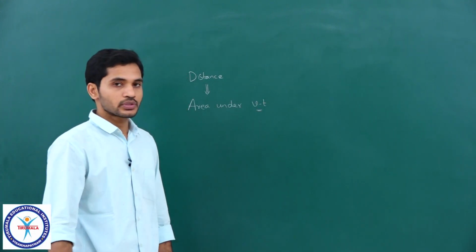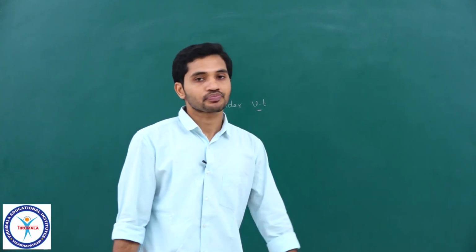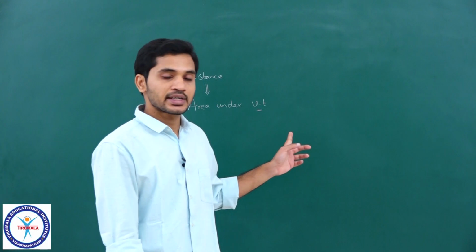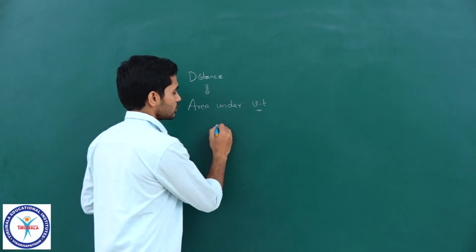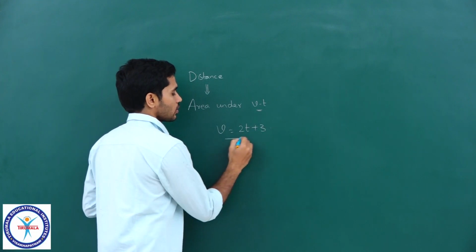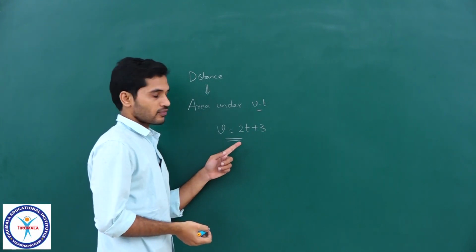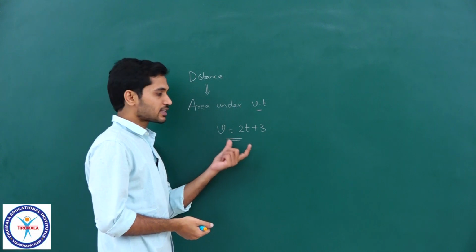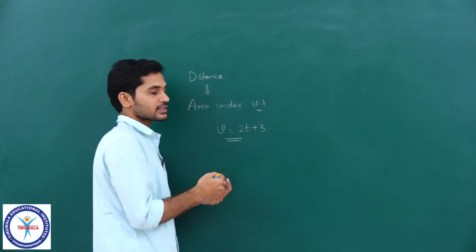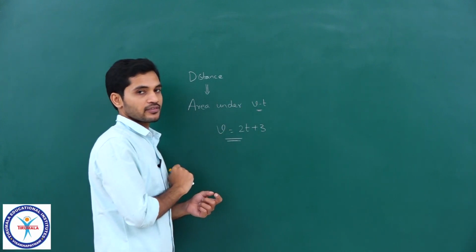So, this would be your work for today, you try it. Whatever question we did at the end, where the function was v is equal to 2t plus 3, I want you to plot this graph and try to find out the distance covered between 0 to 2 seconds and 2 to 4 seconds by looking at area under the graph, right.